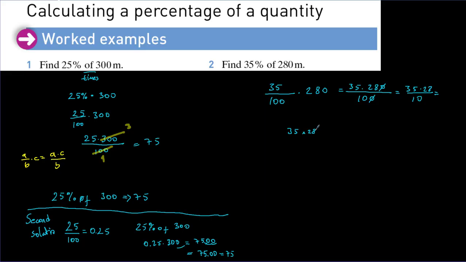No, not 720. That's going to be 800. Yes, 840. 840 plus 140, which is equal to 980. Yes, so the answer is 980 divided by 10, and that's going to be equal to 98.